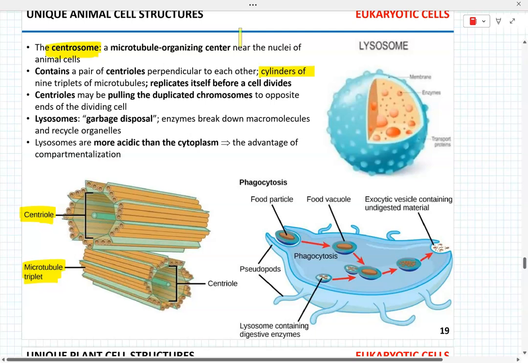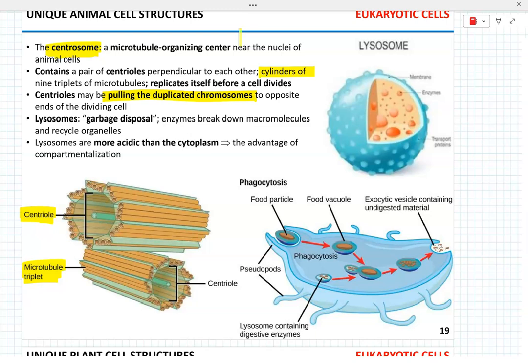Nine triplets form a centriole. Centrioles replicate before a cell divides. The idea is that centrioles may be required for pulling the duplicated chromosomes to the opposite ends of the dividing cell during the anaphase of mitosis.